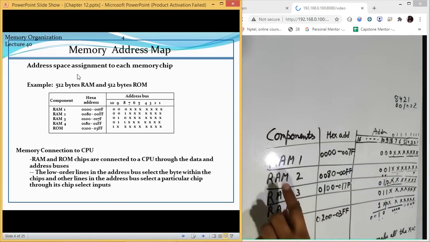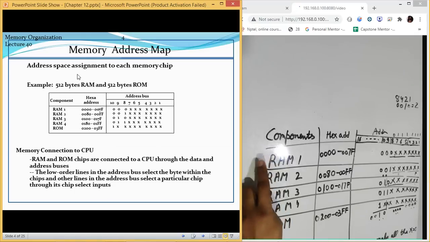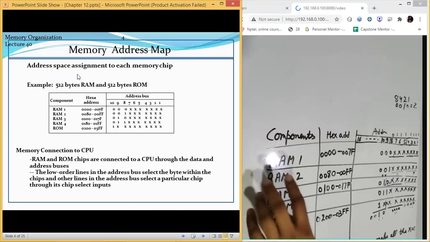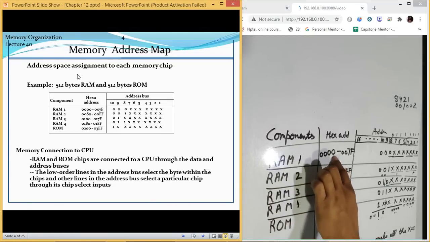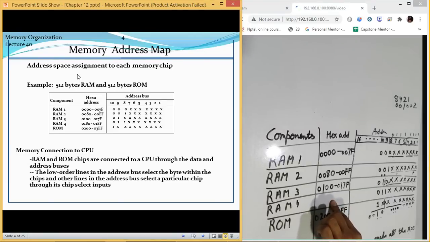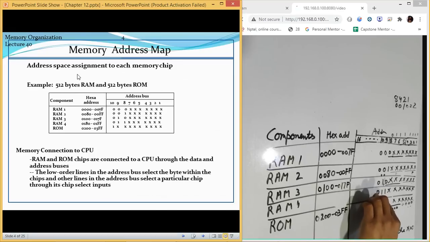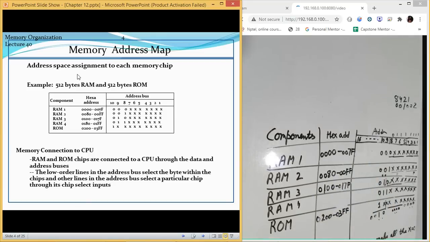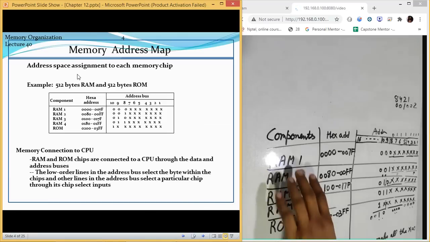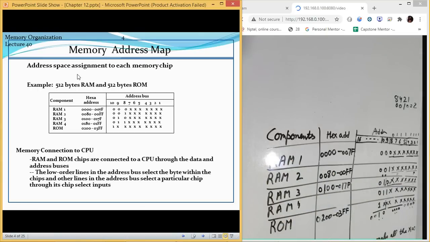Then what you are going to do is you can do it for RAM only and for ROM only. For RAM, the first address will be 000, and the last address will be 01FF. So you are going to calculate the last address from this place and the first address from this place. Then only in two different rows you can define all the values of RAM addresses.